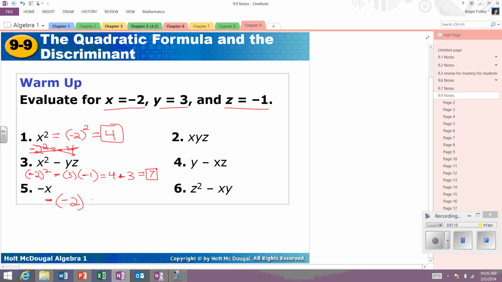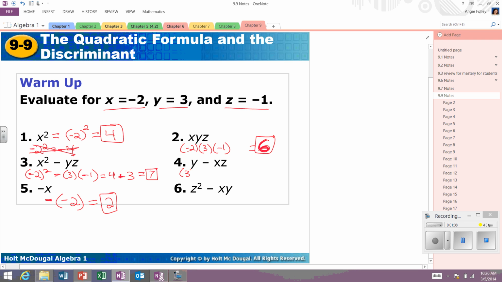A negative times a -2 is a +2. Up here, if I plug in -2 into x, 3 into y, and -1 into z, that's 2 times 3 times 1, which is 6, but I have a negative times a negative, so I'm still going to have a +6 as my answer.